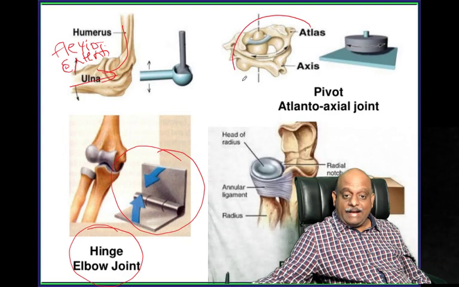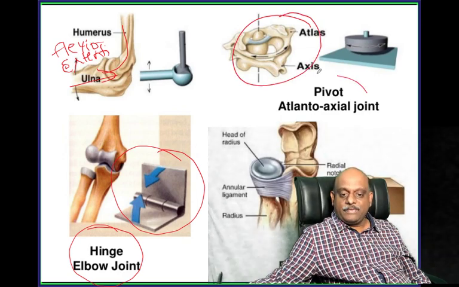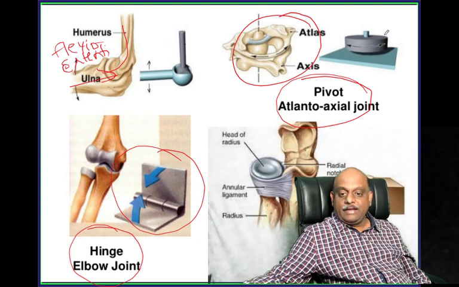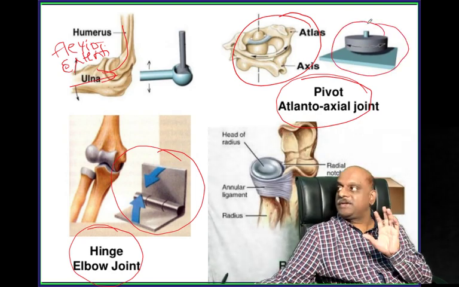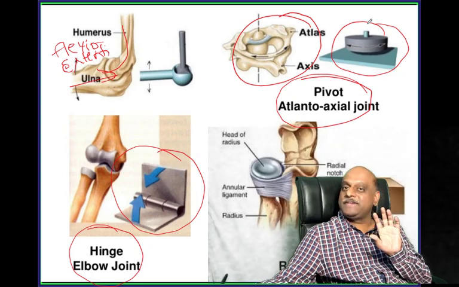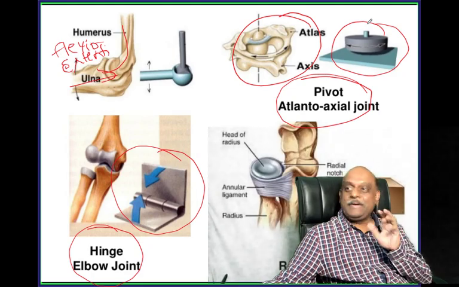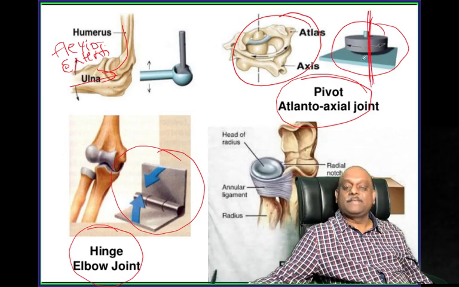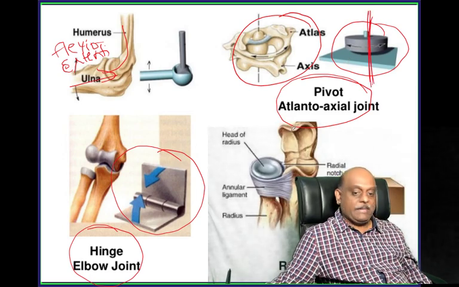Then the atlantoaxial joint, typically rotation is happening around a vertical axis. How do we do Bharatanatyam? Atlantoaxial joint, which is a vertical axis, is what you need to remember.